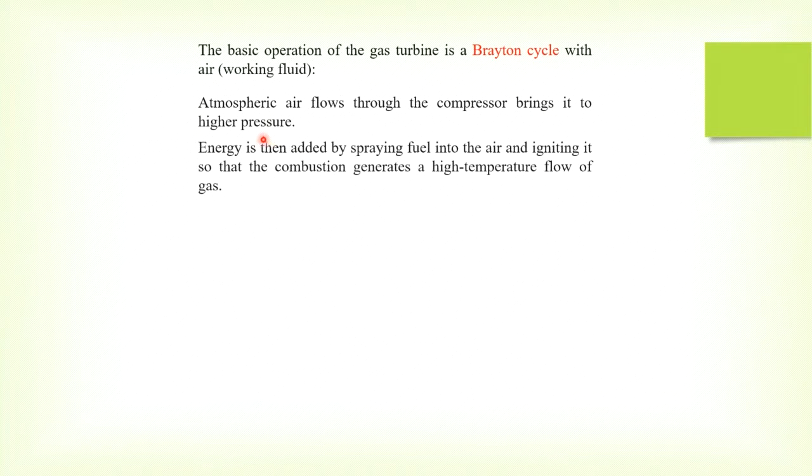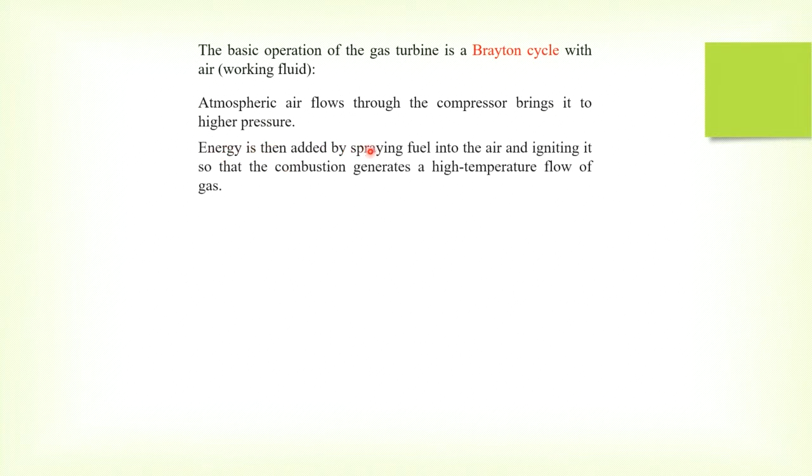So the basic operation of the gas turbine is called a Brayton cycle with air as the working fluid. Basically it starts with the Brayton cycle. Atmospheric air flows through the compressor, which brings it to higher pressure and also higher temperature.